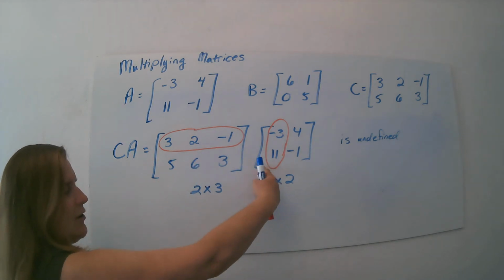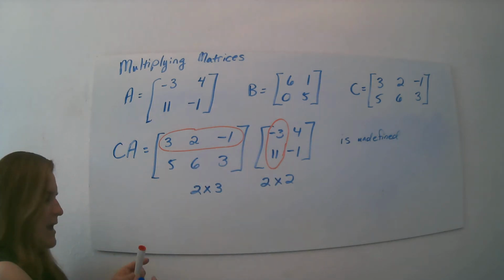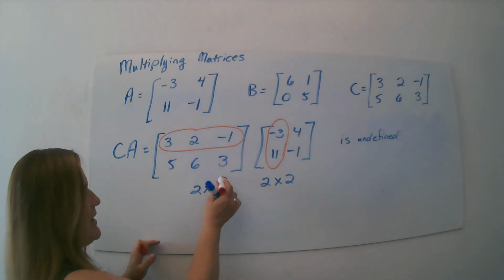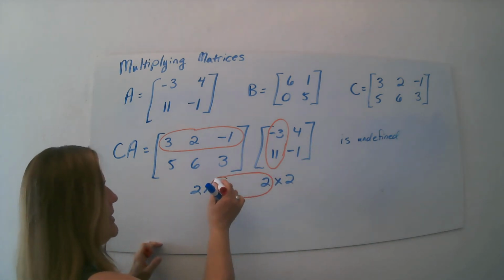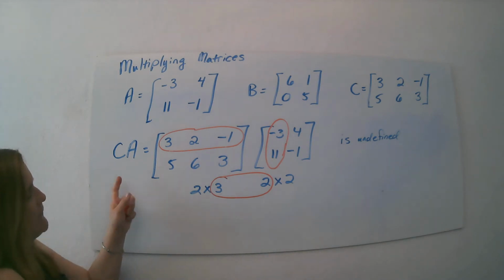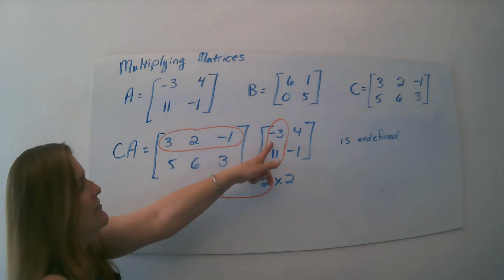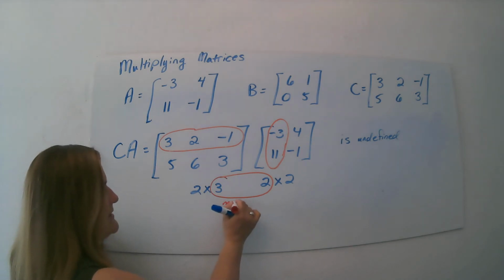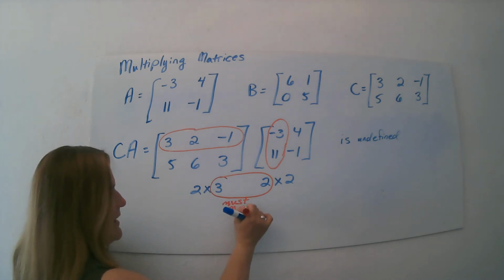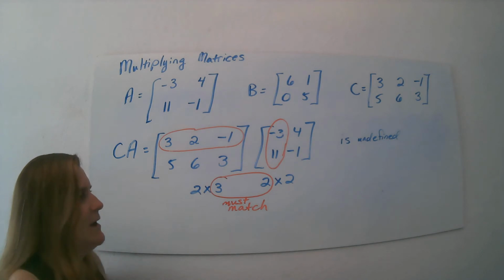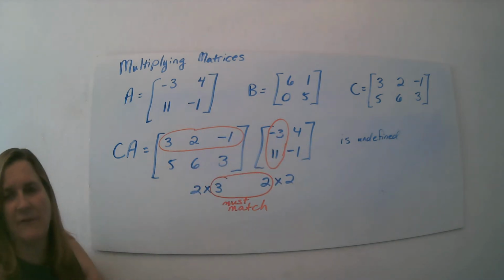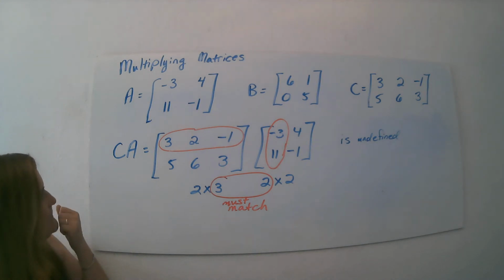We would need 3 rows here. In other words, when you're looking at a product of matrices, I'm looking at these two right here, the number of columns in the first matrix and the number of rows in the second matrix must match if the matrices are going to be able to be multiplied together. Otherwise, their product is undefined, as they were in this case.